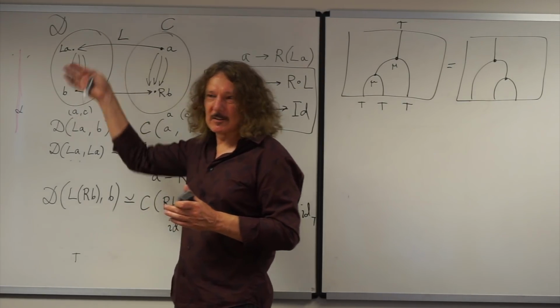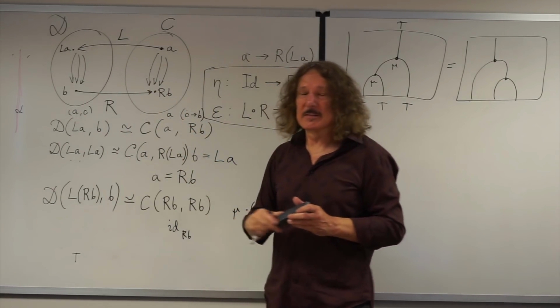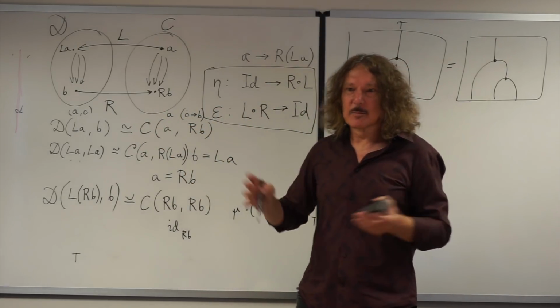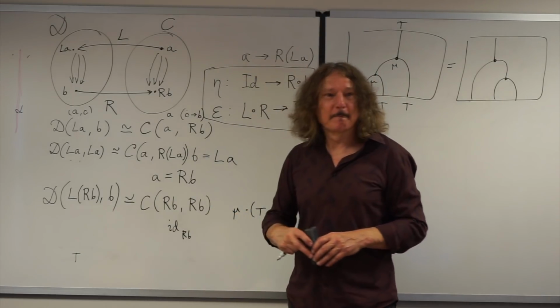This is something I talked about previously, but you can look it up. This is the very important adjunction that we as programmers use all the time. Okay? Thank you.